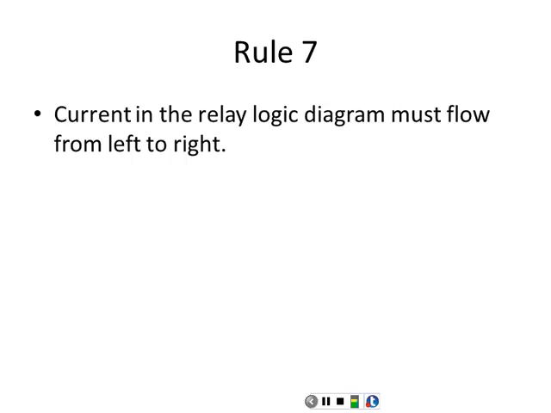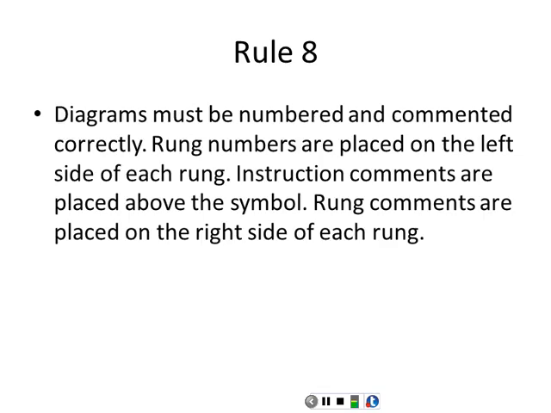Or I could do switch 5 since I got switch 3 closed. It can only control the light if switch 3 is closed, because switch 3 is the only thing between it and line 1. Okay? All right.